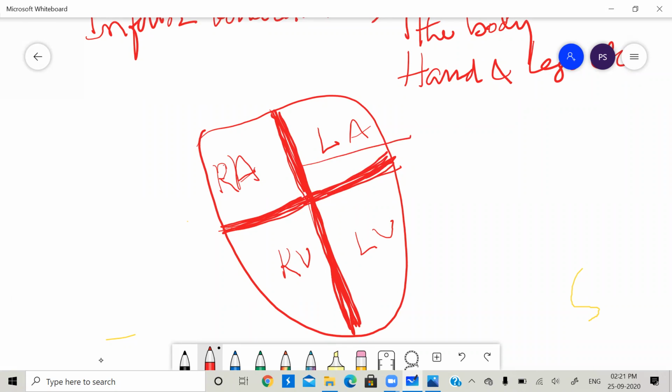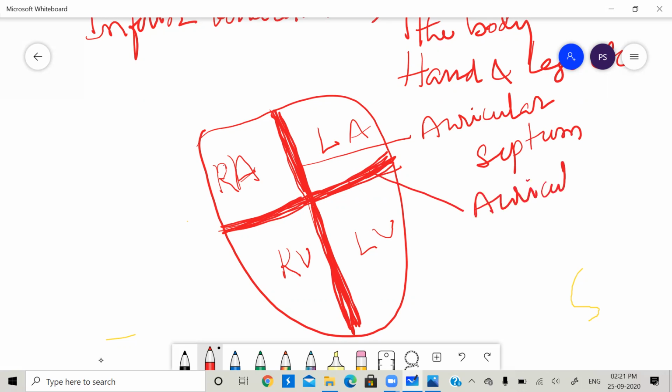So this is the auricular septum, and this is the auriculoventricular septum. Here there is a right auriculoventricular septum and a left auriculoventricular septum.